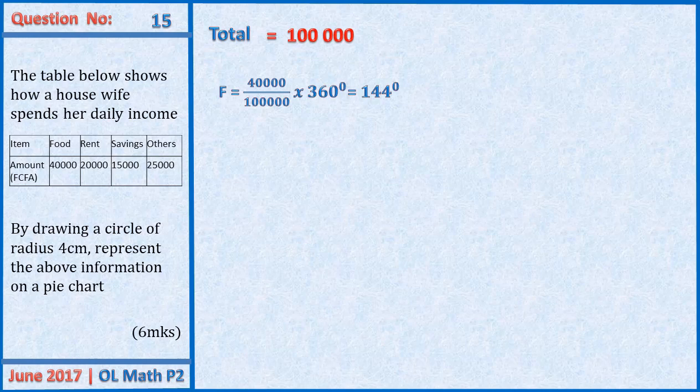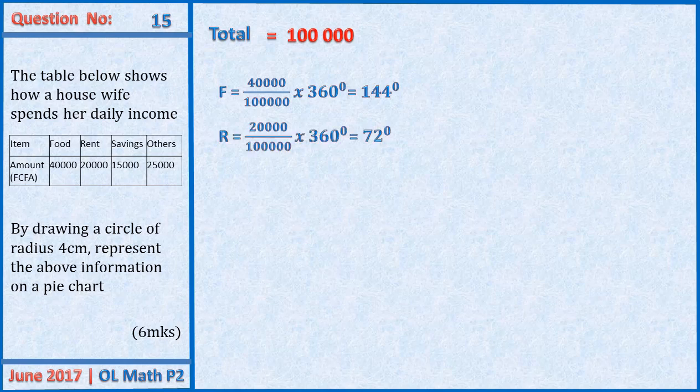We'll start by looking at the total expenditure. The total expenditure is 40,000 plus 20,000 plus 15,000 plus 25,000, which gives us 100,000. Now for food, she spends 40,000 out of 100,000 times a complete circle of 360 degrees. So you're expressing everything now in terms of angles. Times 360 degrees gives us 144 degrees.